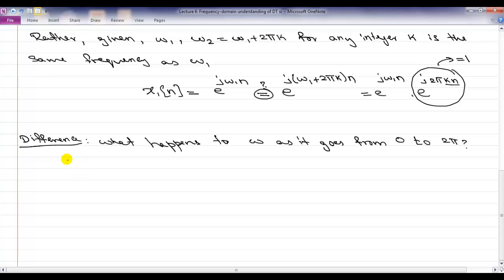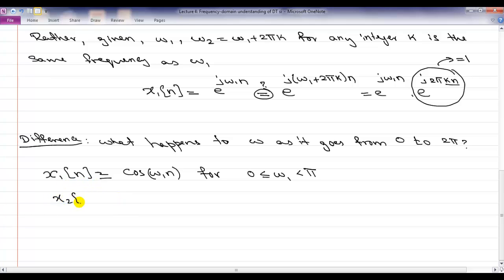Now for that, we'll just use simple properties of the sinusoid. So let's take x1 of n equal to cosine of omega 1 n, and let's say that omega 1 is between 0 and pi. So it's only a number between 0 and pi.